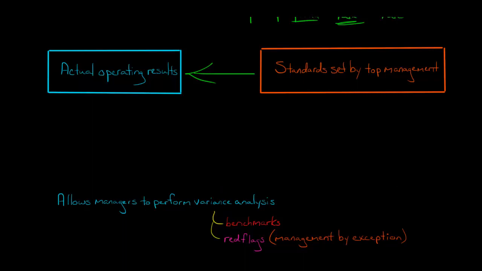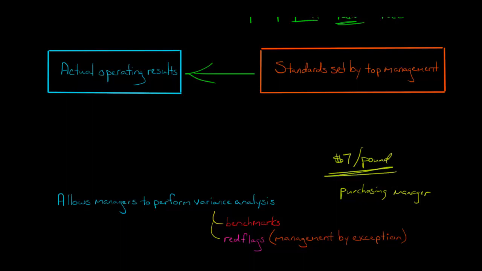And the variances serve as benchmarks to the managers. Let's say, for example, you are the purchasing manager and you need to purchase raw materials. You have been told by top management that you need to pay no more than $7 a pound for raw materials.